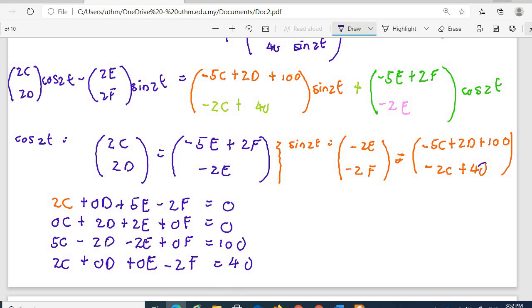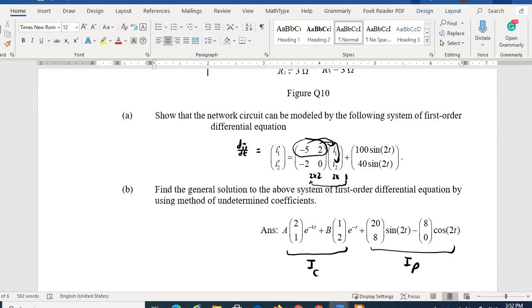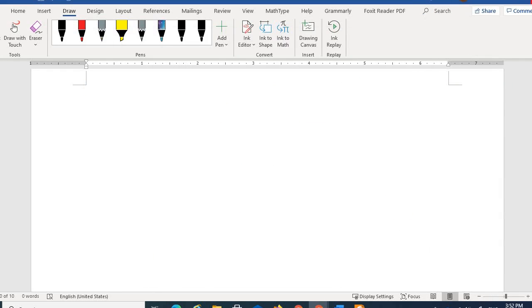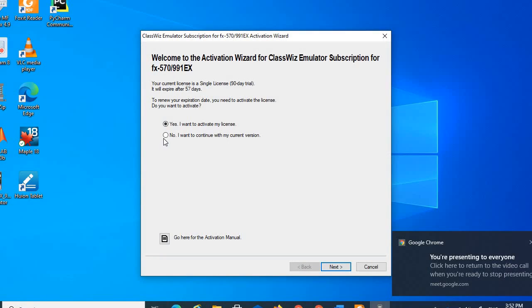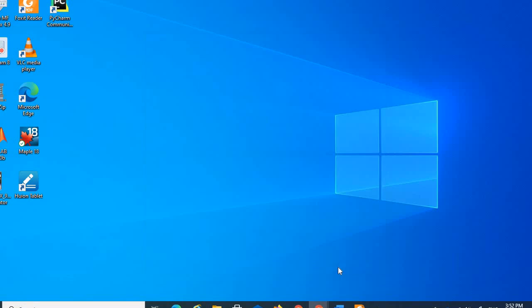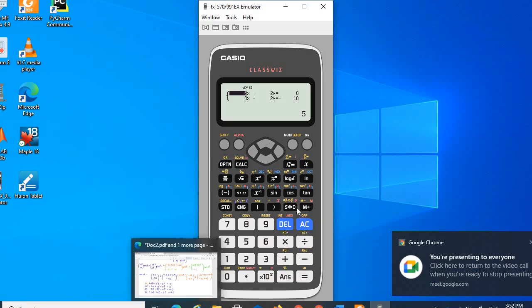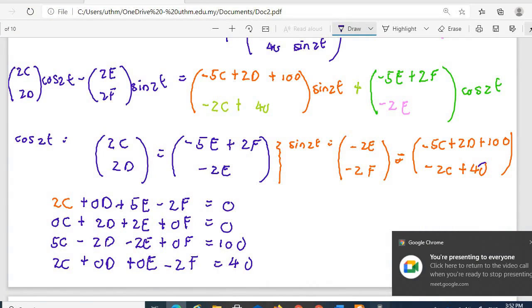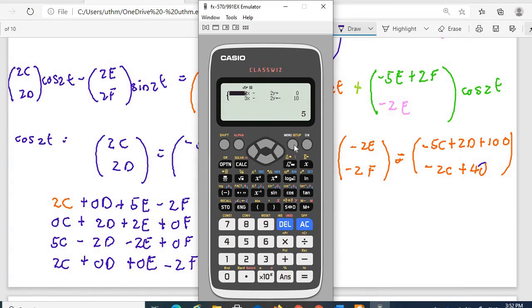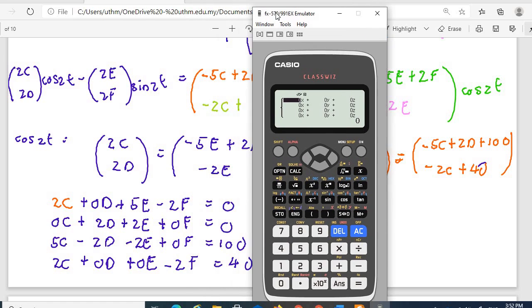Okay, I'm going to use a scientific calculator to get the solution quickly. Only this model can solve 4 simultaneous equations.